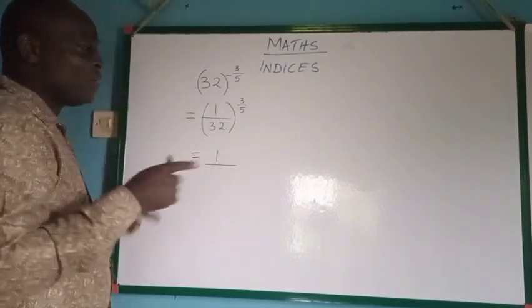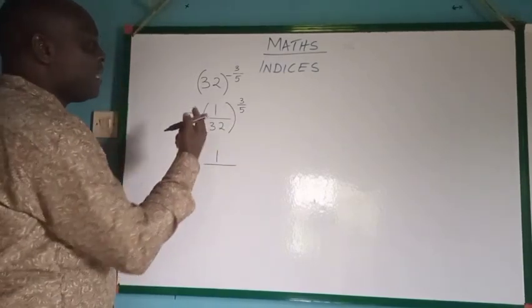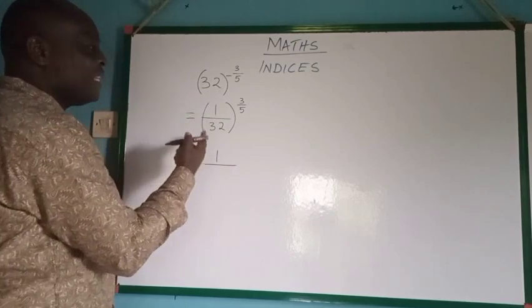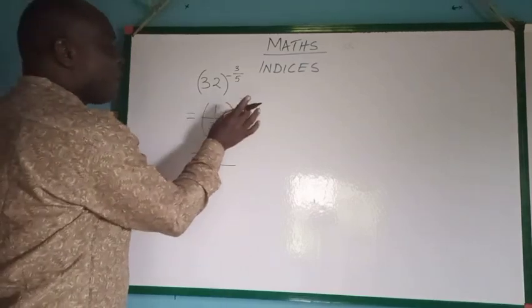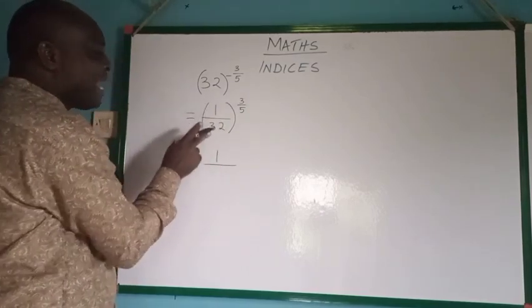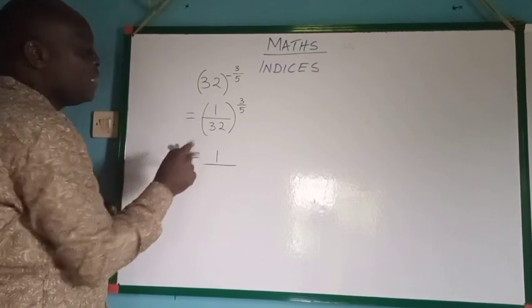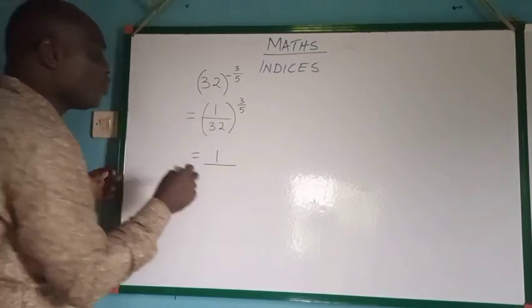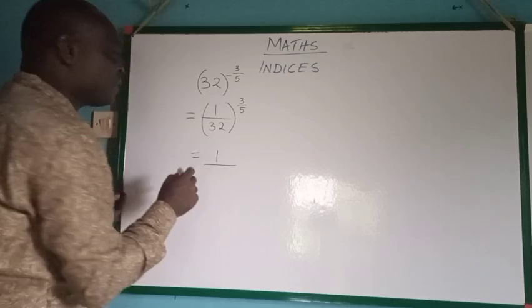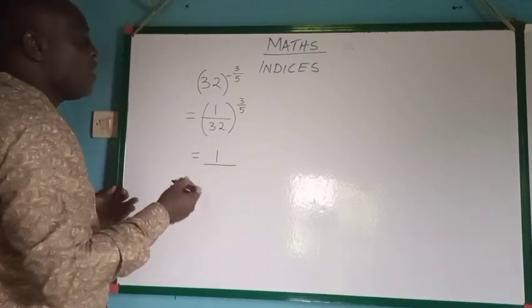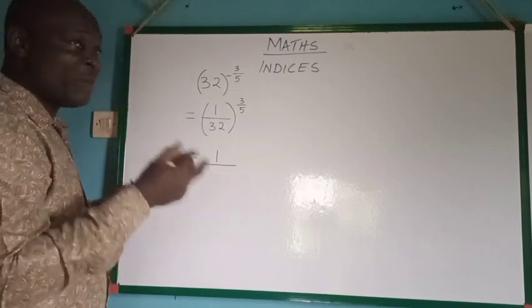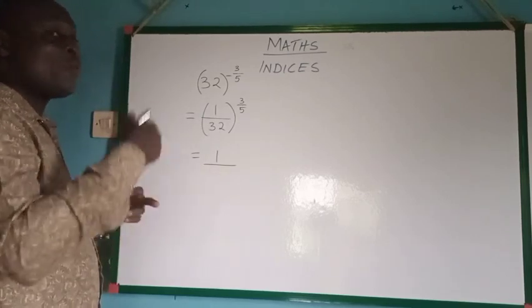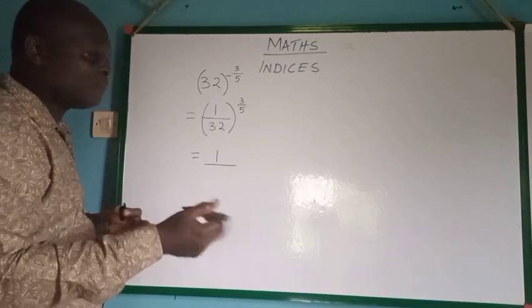We also said in one of the laws that when a fraction is raised to a power, it means that the power is for both the numerator and the denominator. And you will also remember that we also said when a power is raised to a fraction, you remember our video where we dealt with fractional indices.